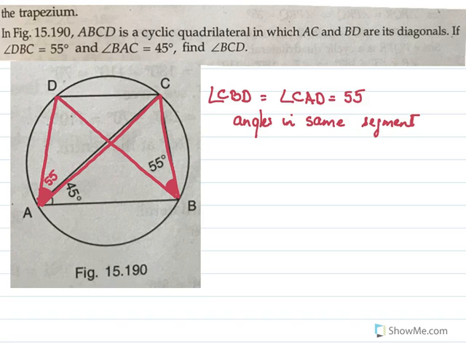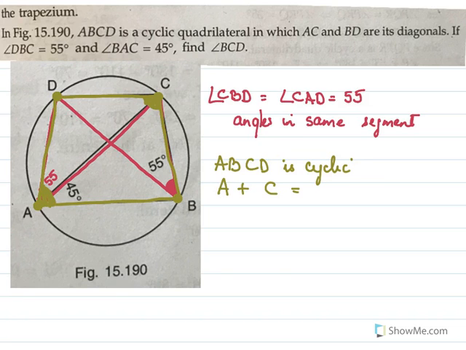Next we are going to go for cyclic quadrilateral. So ABCD is cyclic. So here is ABCD. If ABCD is cyclic, the opposite angles will be 180. Now this is one angle A, and C will be 180. So we write ABCD is cyclic, and A plus C is 180, cyclic property.